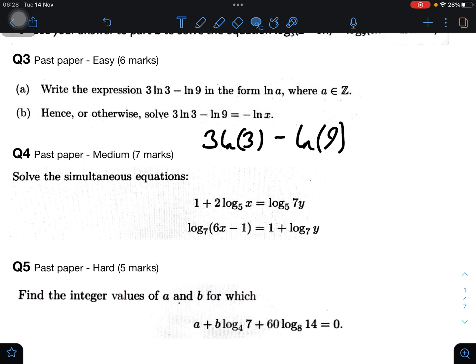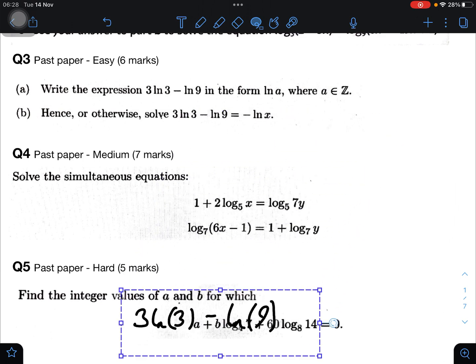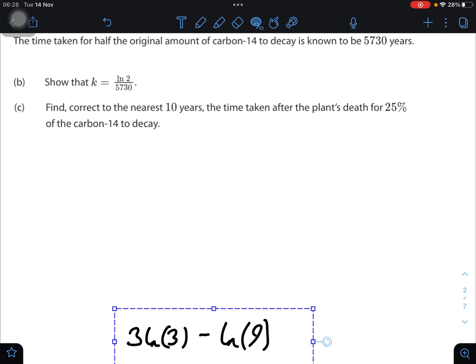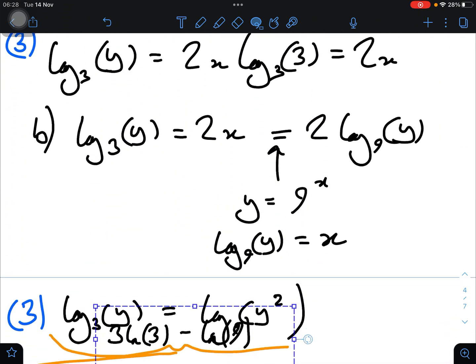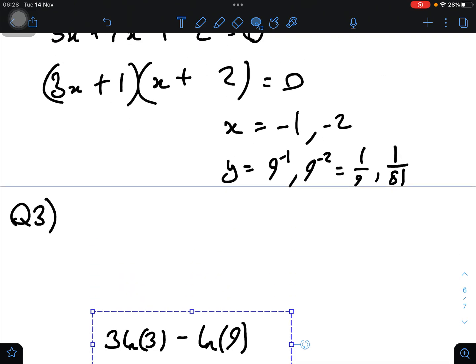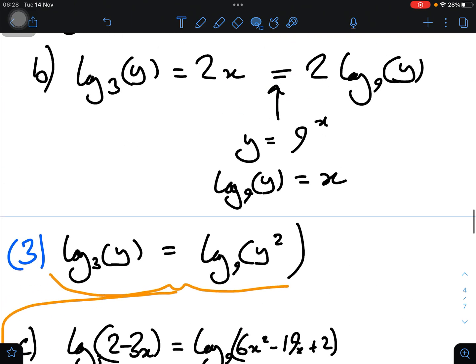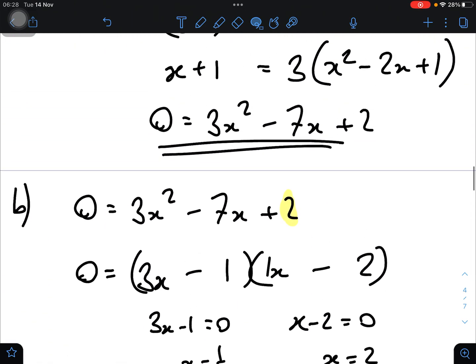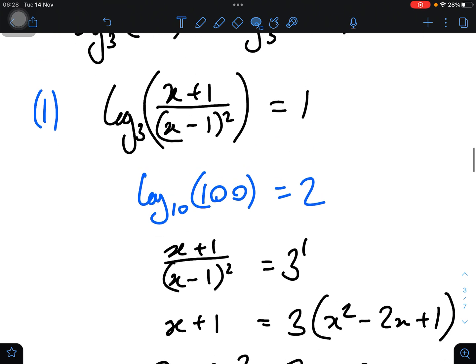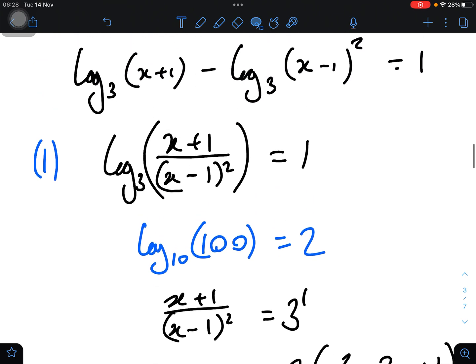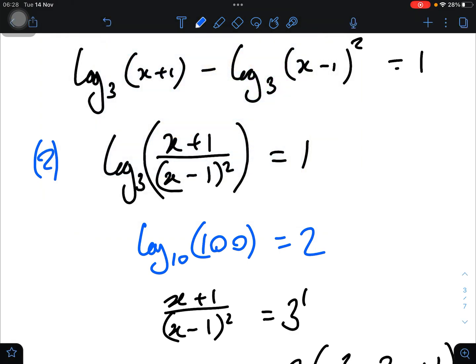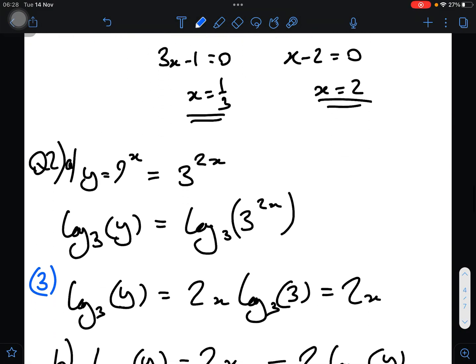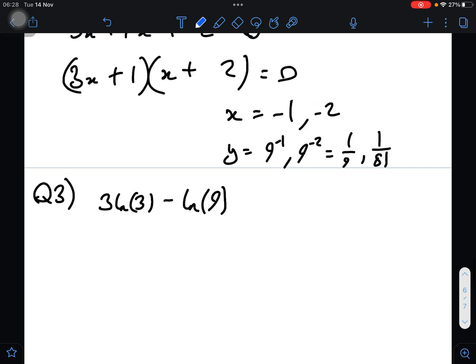Remember, ln is log base e. Okay, well, we're going to use log rules 3 and 2. Let me just double check up here that I put the right rule down. No, that's using rule 2. There we go. I'll upload these onto your Manage Back after this, so you'll have a copy of them.